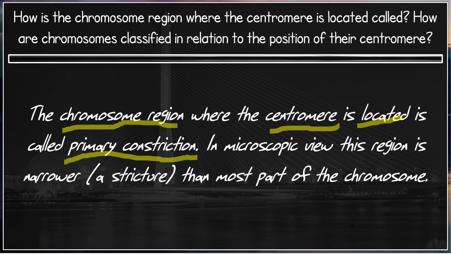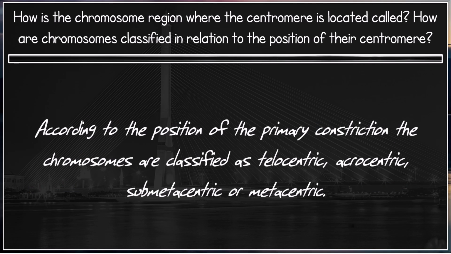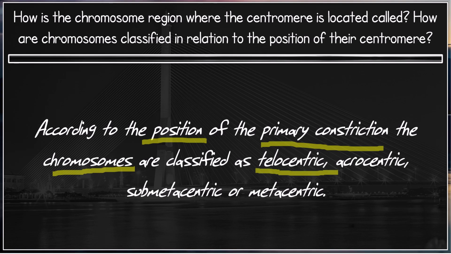In microscopic view, the region is narrower or stricter than most of the chromosome. According to the position of the primary constriction, the chromosomes are classified as telocentric, acrocentric, submetacentric, or metacentric.